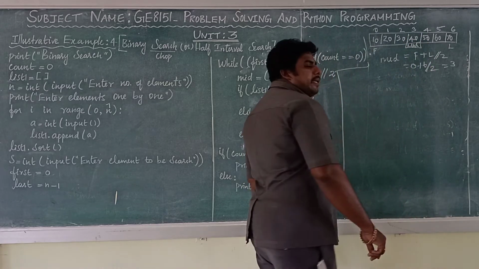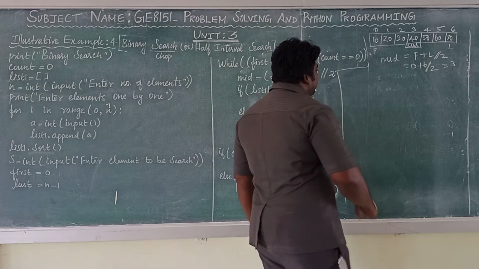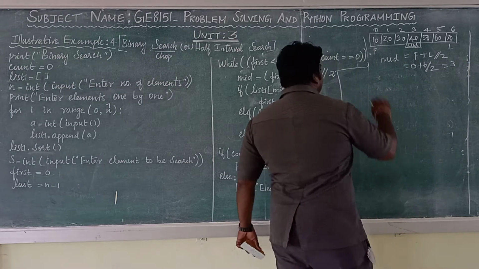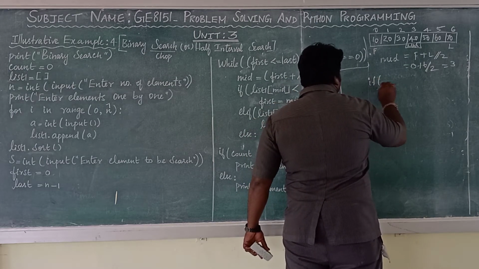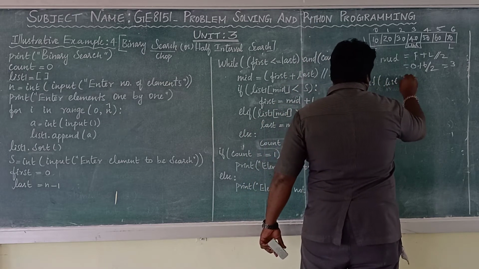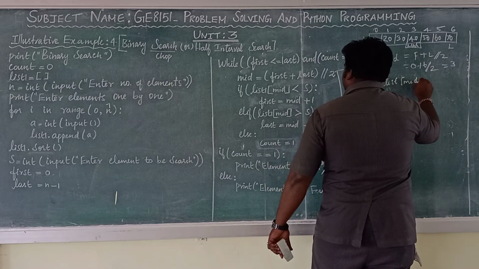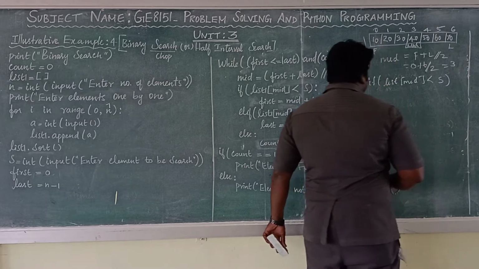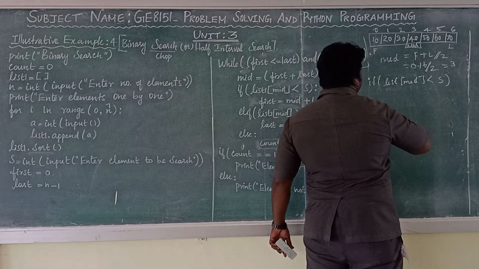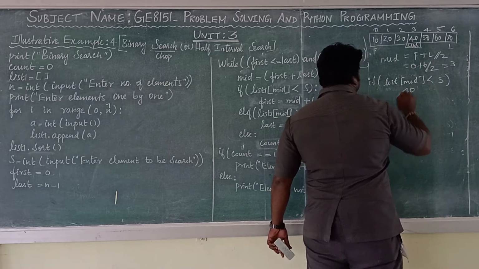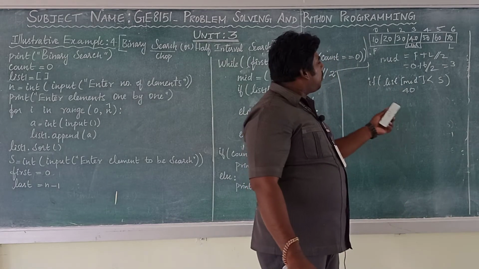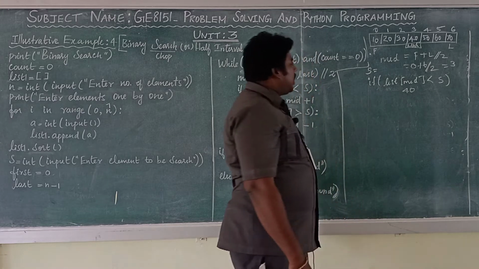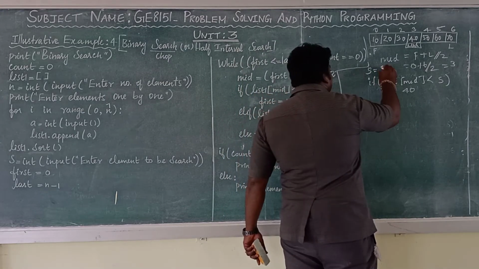After finding the mid, you have to check three conditions. What's the first condition? If list of mid is less than the search element. What is list of mid? 40. The search element is not fixed, so I am going to select 50.